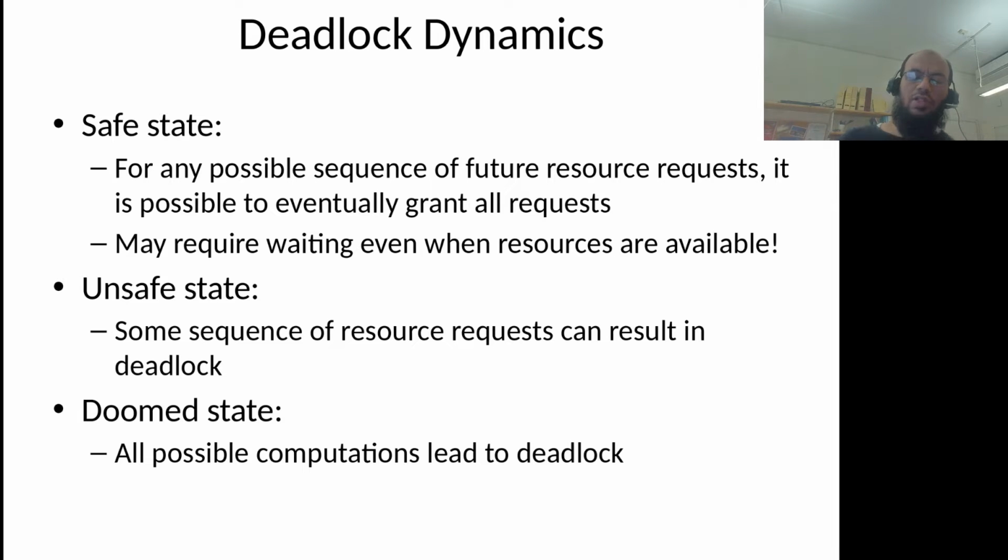You might end up in a situation where there is not enough memory for both Eclipse and your Google Chrome with your 100 tabs, and then you end up in a deadlock. And a deadlock is what is called a doom state, when all your possible computations lead to a deadlock. In the case of memory, it's pretty clear what you do: you kill both applications, or one of them at least, as an operating system. But for locking, it's not really clear.